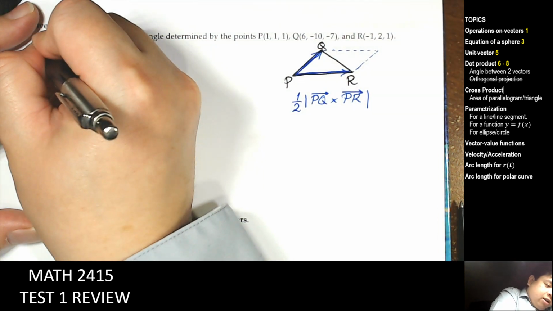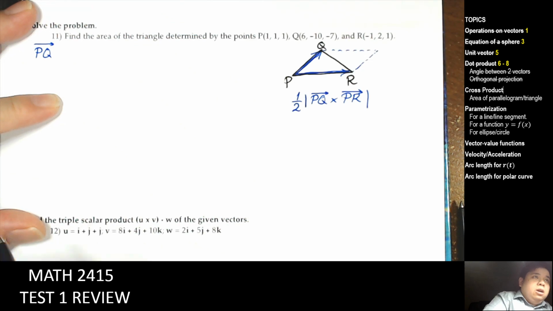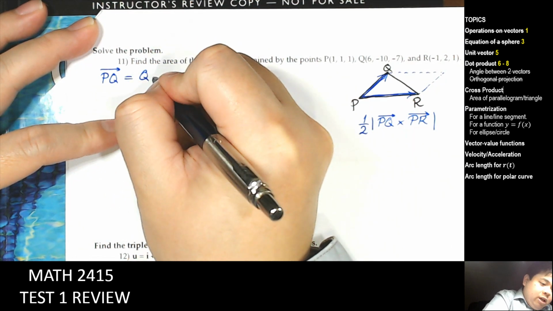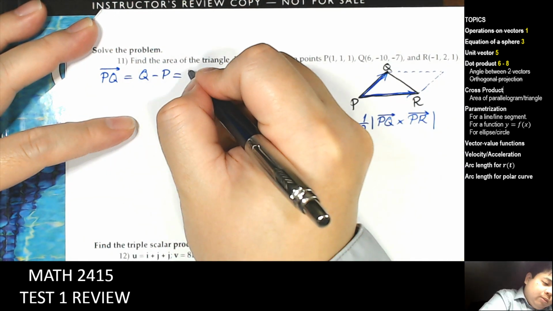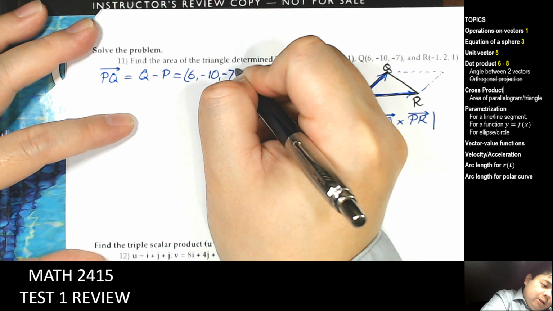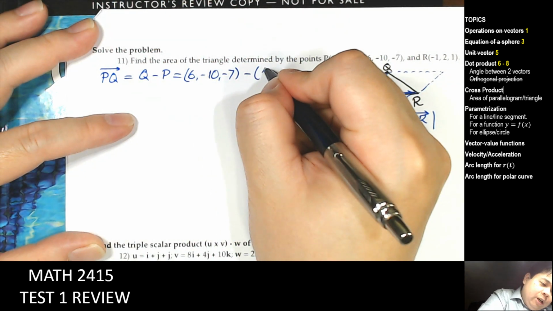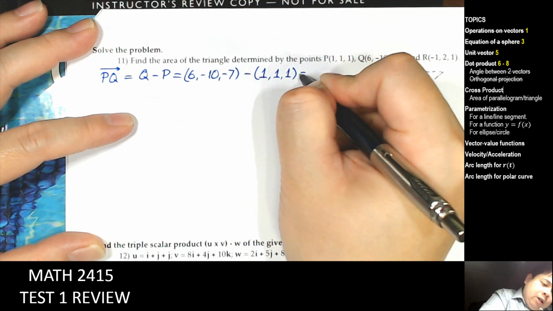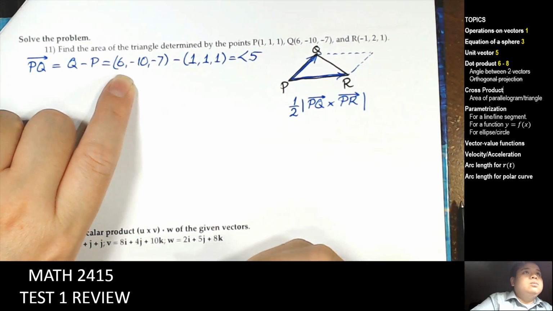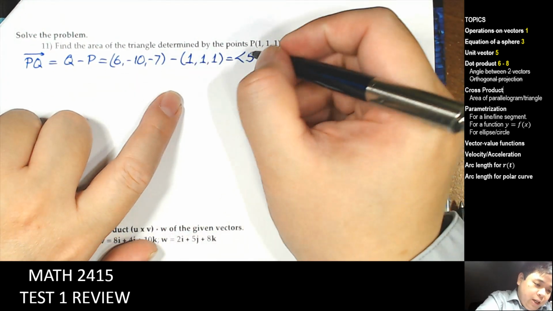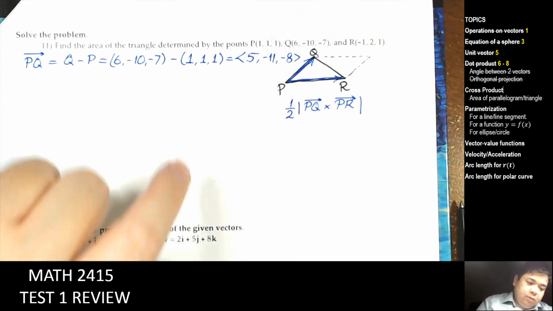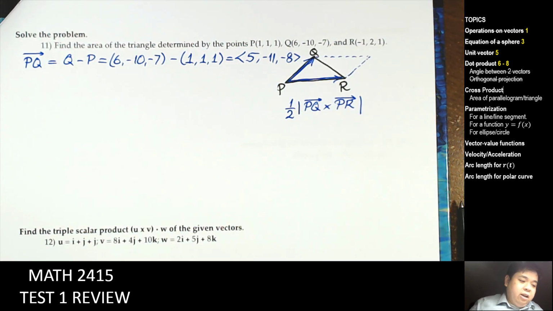Now, first find the vector PQ. PQ is Q minus P: Q is 6, negative 10, negative 7, minus P, which is 1, 1, 1. Subtracting, we have 5, negative 11, and negative 8.